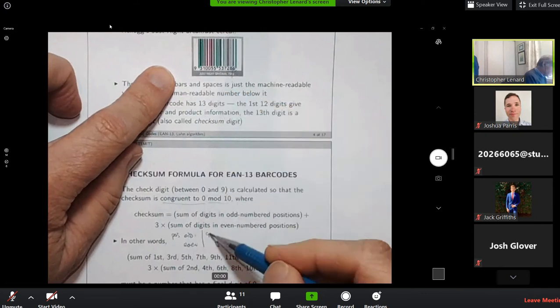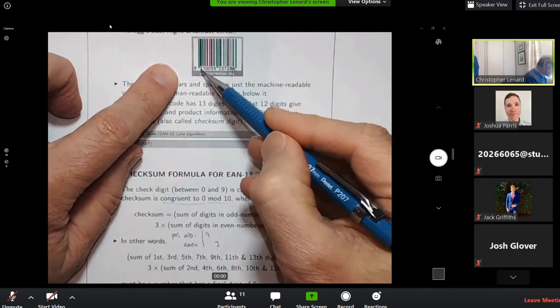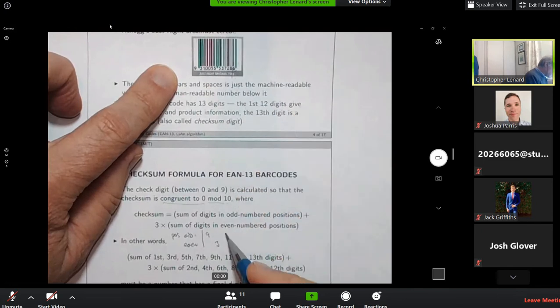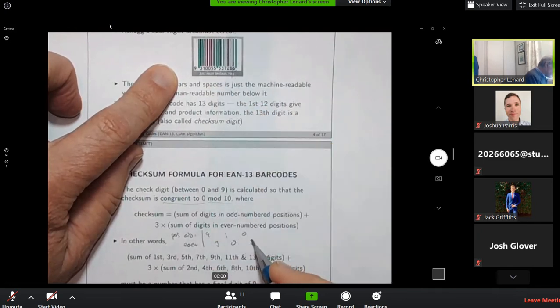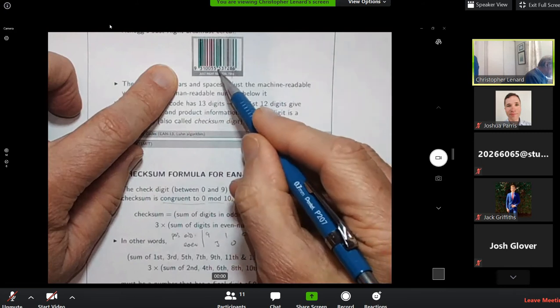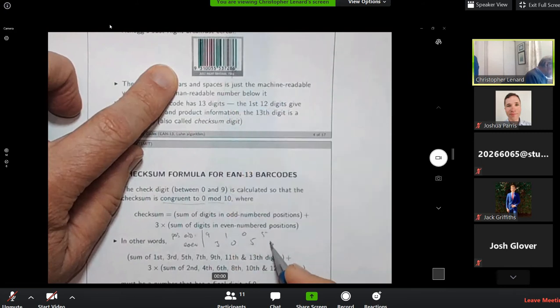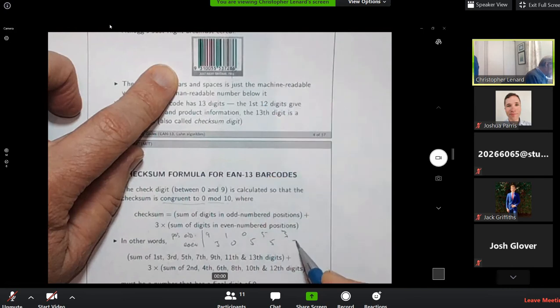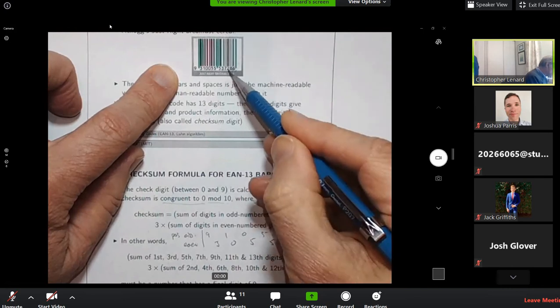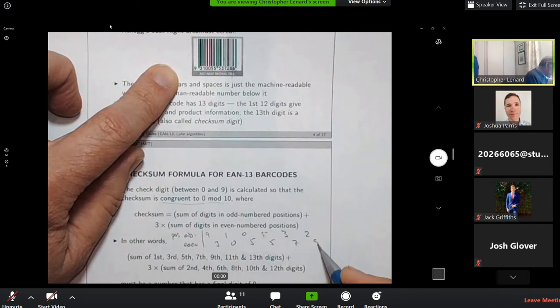If I write it this way, it'll be a bit clearer. 9, 3, 1, 0, 0, 5, 0, 5, 5, 5, 5, 5, 3, 7, 3, 7, 2, 8, 2, 8.